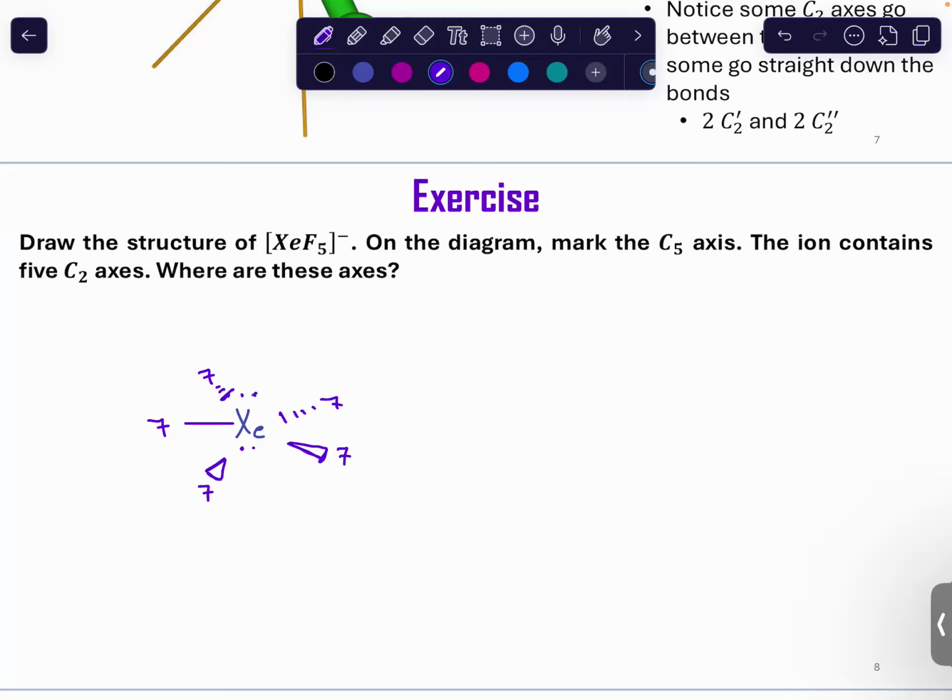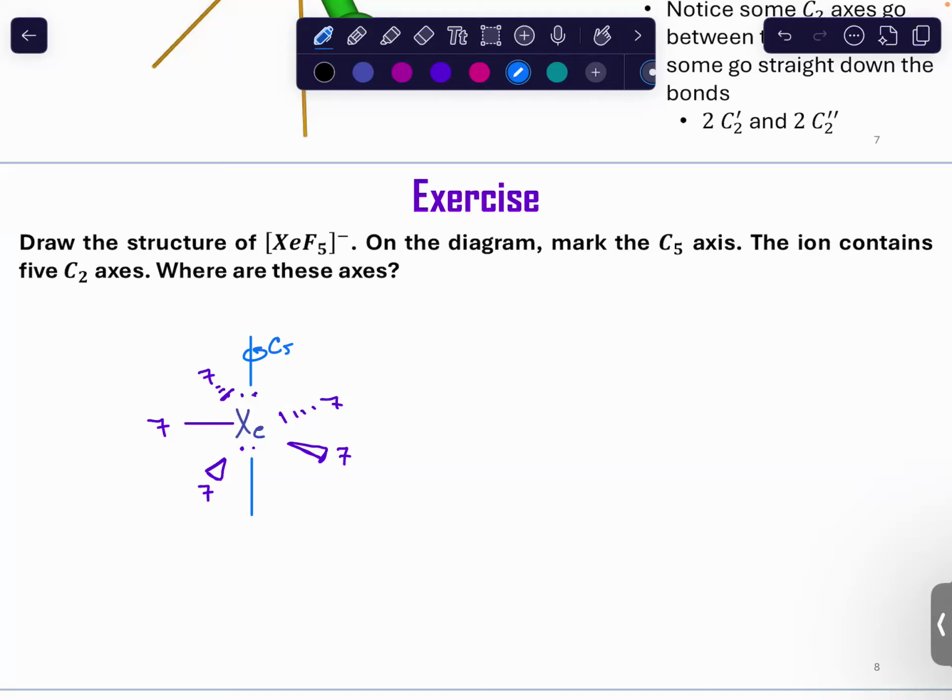Okay, so with your lone pairs up and down, this is the molecule you're looking at. So where's the C5 axis going to be? C5, that'll be straight through the lone pairs, right? Your C5 axis is there.